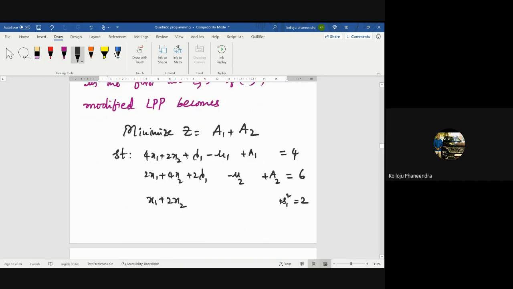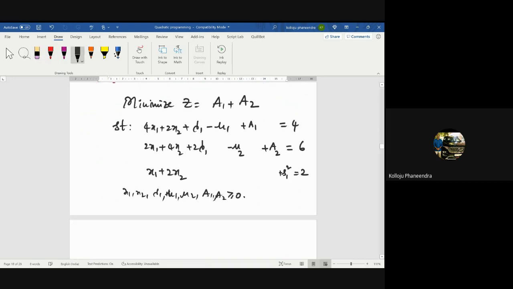All the variables x1, x2, lambda 1, mu 1, mu 2, a1, a2 are greater than or equal to 0. Since s1 square is there, no need for s1 greater than or equal to 0, because a square is always non-negative.